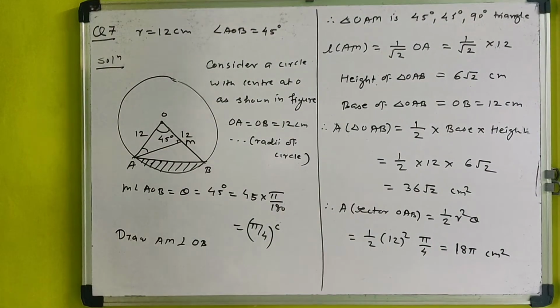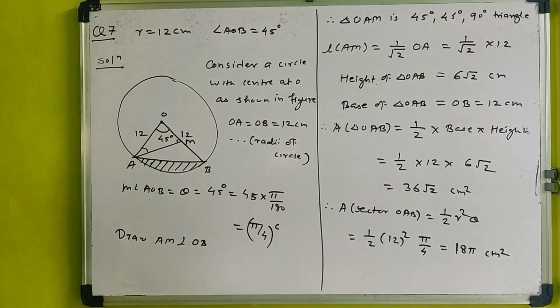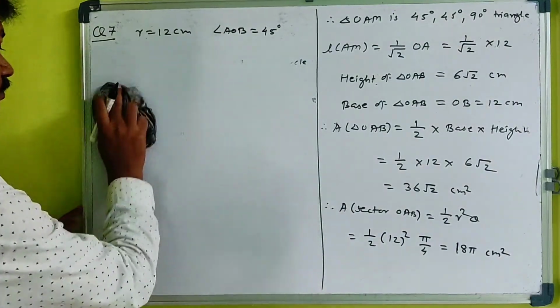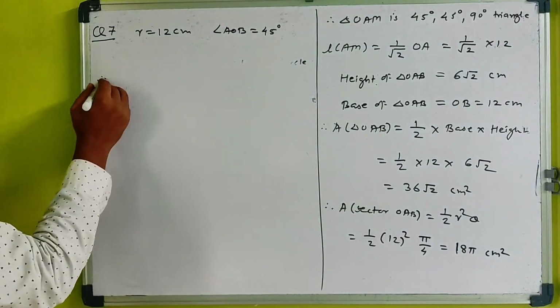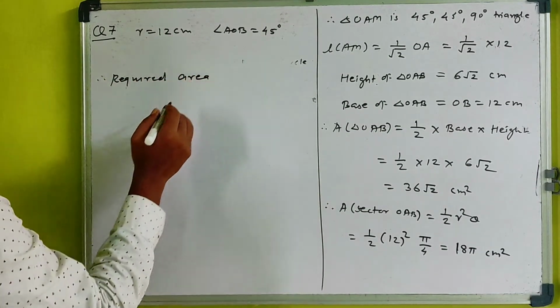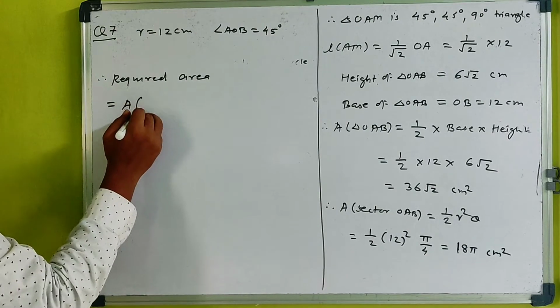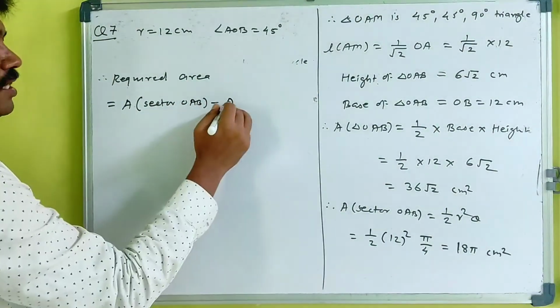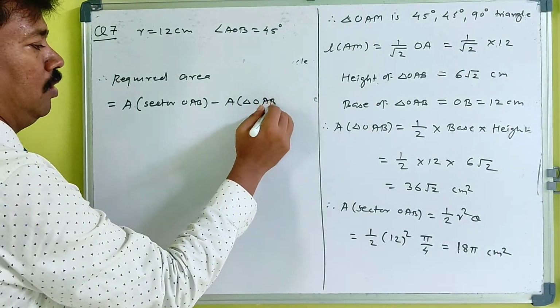And therefore the required area, that is the required area we need, this. So the required area is the area of sector OAB minus area of triangle OAB.